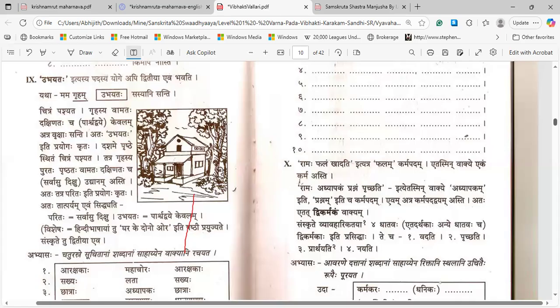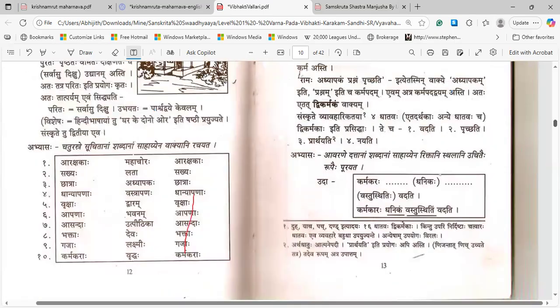Now, what is the abhyasa that you have to do now? See, they have given a kostaka, a table. In that table, they have mentioned 3 columns of words. First column and the third column are same.